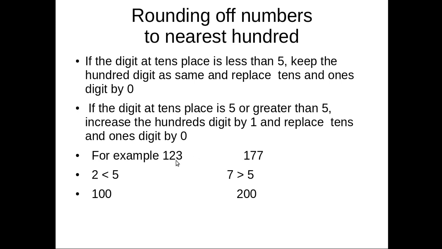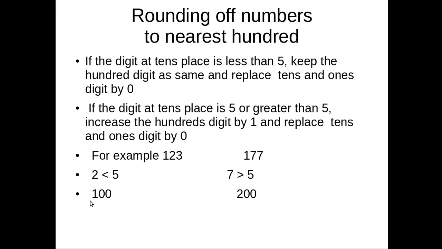Let us see an example. 123. See here the tens place digit is 2, and since it is lesser than 5, we replace the ones and tens place digits by 0, and we keep the hundreds place digit the same, according to the rule.